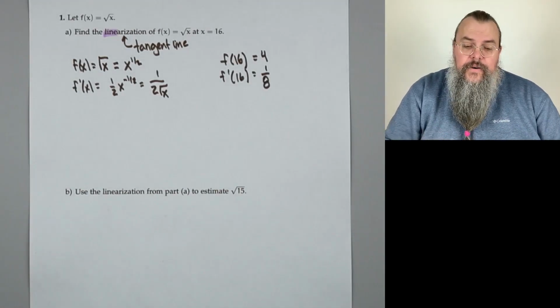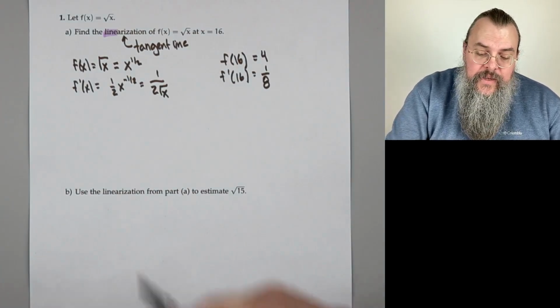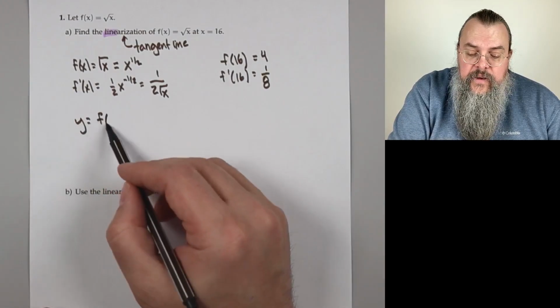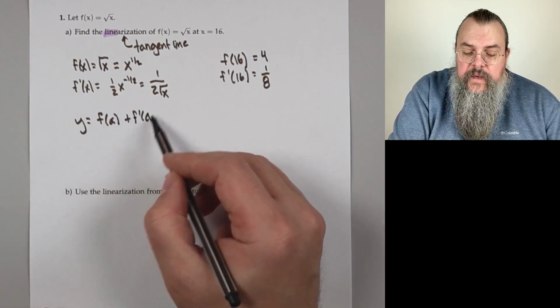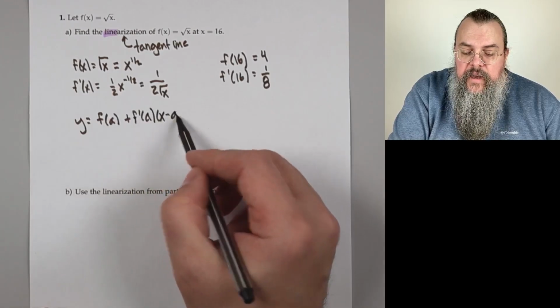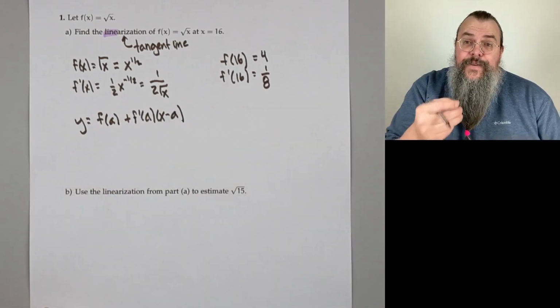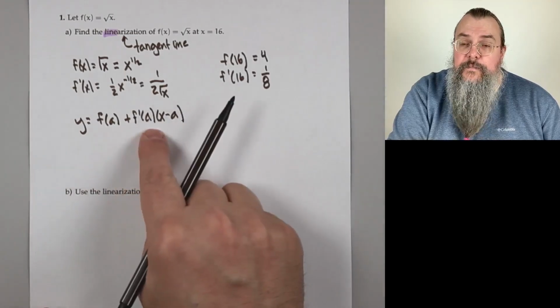Okay, now, what's the formula for the tangent line? The formula for the tangent line is y equals f of a plus f prime of a times x minus a. Now, this is not the function. It's the function evaluated at the point. So don't plug in functions here, plug in numbers.